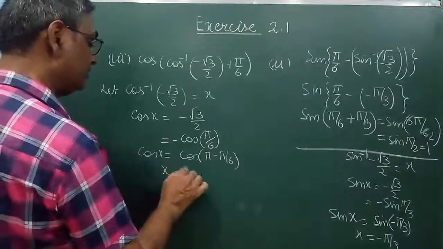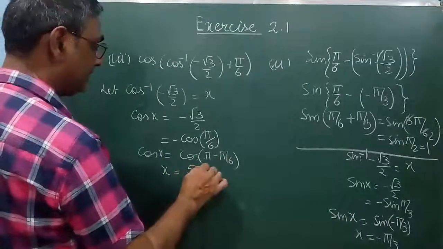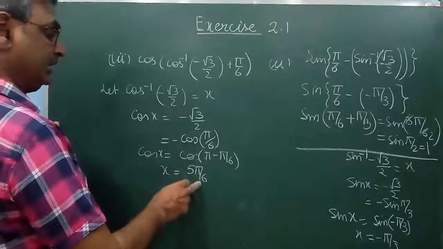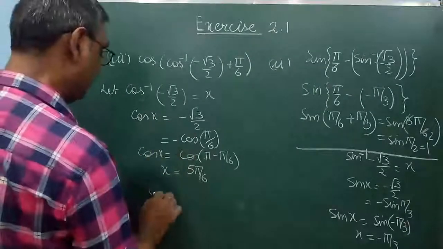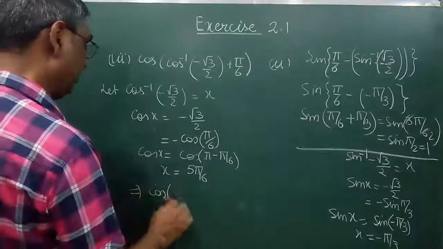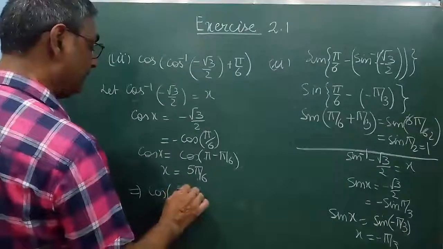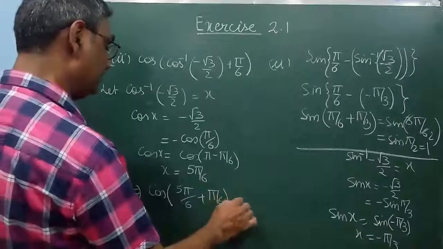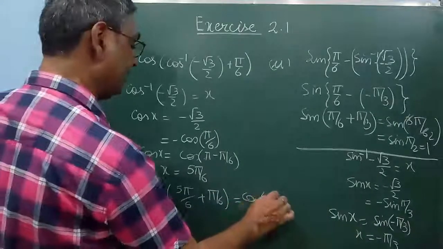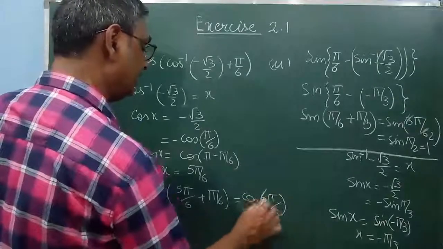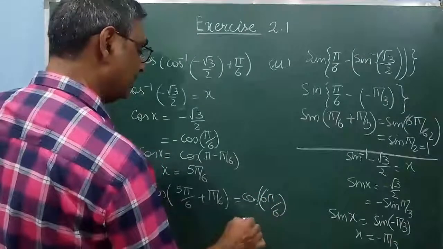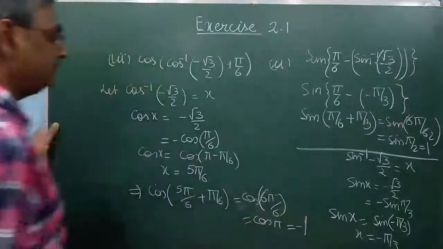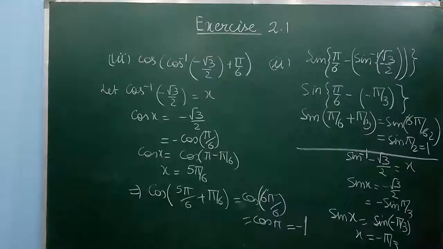So x equal to 5 pi by 6, means it will be 150 degree. In second quadrant the cos is negative, so we can put the value here: cos of 5 pi by 6 plus pi by 6, how much? Cos 6 pi by 6, and this is nothing but cos pi, and cos pi is how much? Minus 1. So answer will be minus 1.